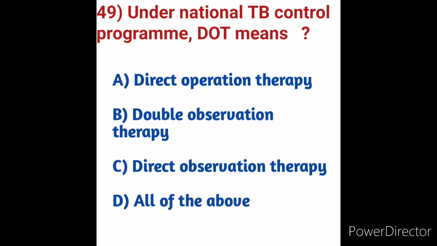DOTS means directly observed treatment, short course, a program for patients who suffer from tuberculosis. RNTCP is based on the internationally recommended strategy to control tuberculosis known as directly observed treatment, short course, known as DOT.